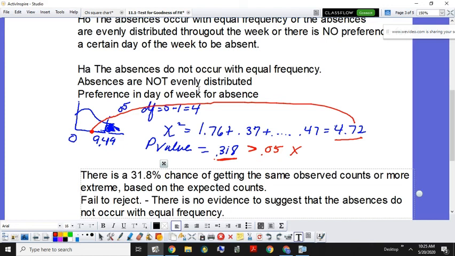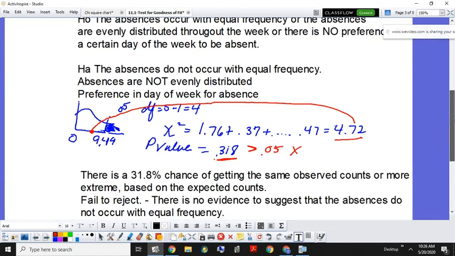So your fail to reject is there's no evidence to suggest that the absences do not occur with equal frequency, or they're not evenly distributed, or there is a preference in the day of the week. You don't have enough. Was there differences in the days? Yes, but was it enough? No, you didn't land in shaded. You only got a difference total of 4.72.